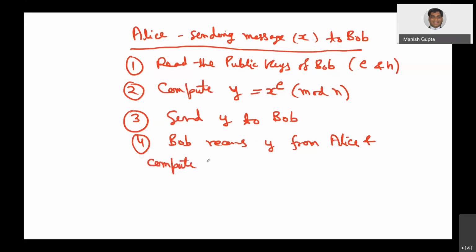So what he does, he computes Y raised to power D. I call it Z. Whatever Y is received, raised to the power D. D, remember, is the secret key of Bob, modulo N. So what happens? This algorithm will work, and then he reads this Z.